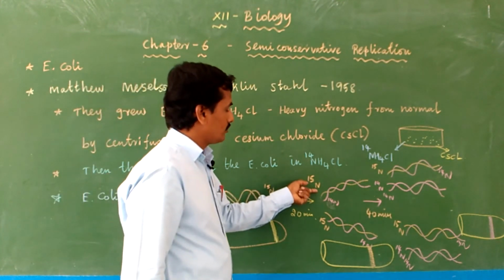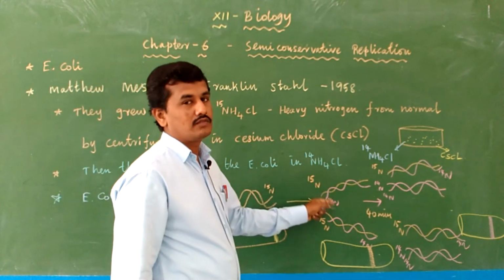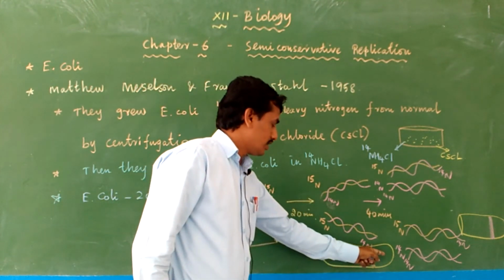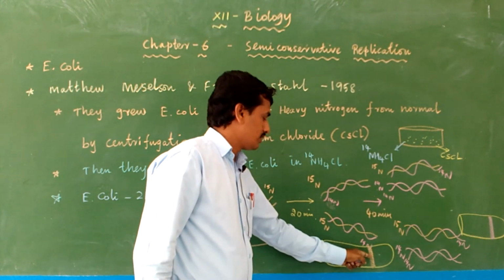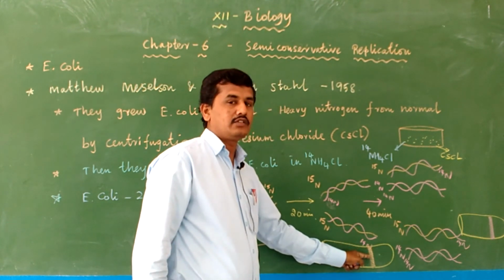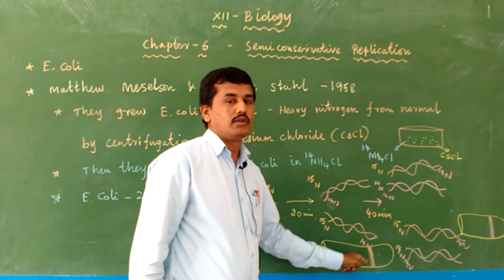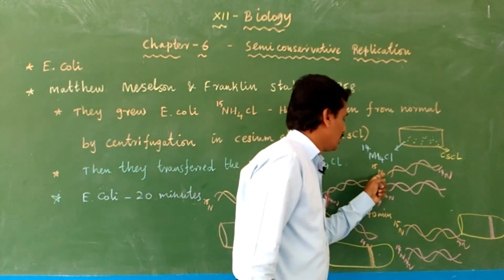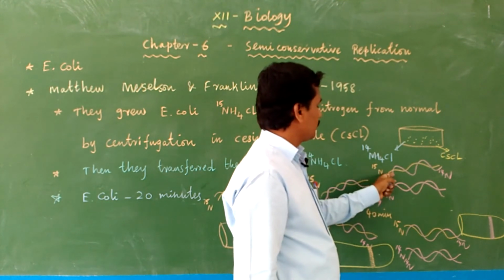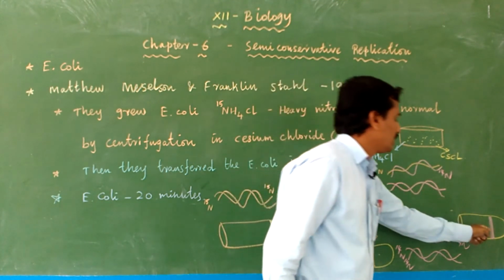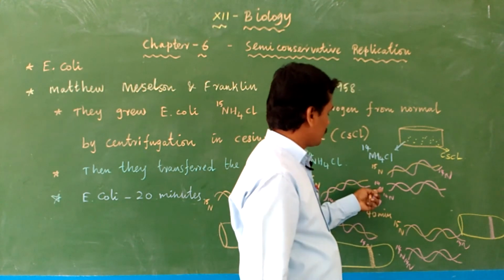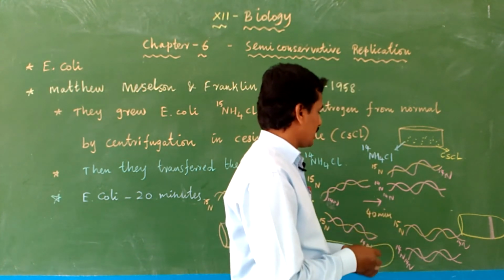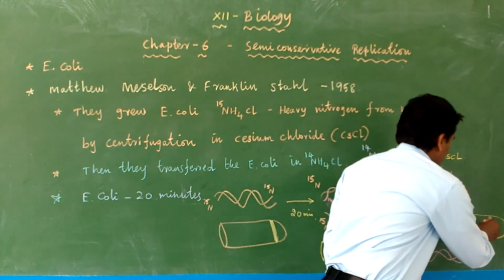Here one strand is 14 and one strand is 15. Due to the lesser weight, in the centrifugal tube the 14 15 DNA is elevated slowly; it is not in the bottom region. In the next experiment, one is 15 14 and the next one is 14 14. 14 14 has lesser weight as compared to the other. So 14 14 here.